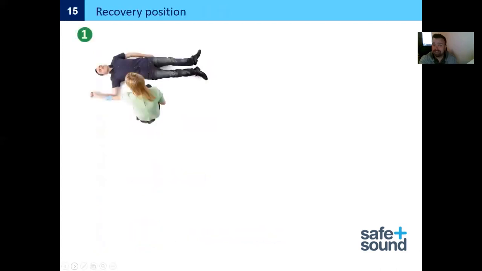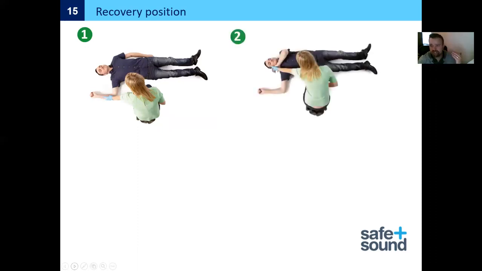Now, if somebody is unconscious, we're going to place them in the recovery position. So the hand goes into the hello position. The hand closest to us goes up to hello, so we wave. And the reason we do that is we can now move in towards the body and move the body as we need to. The arm opposite comes up and over to touch the cheek.